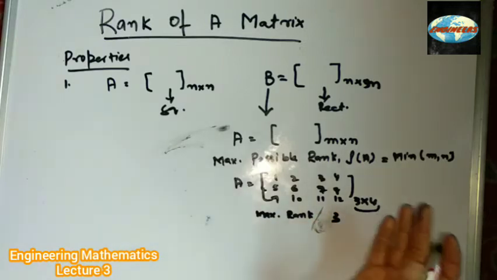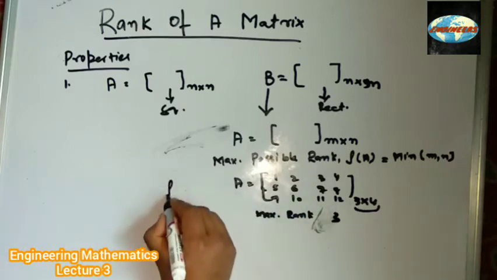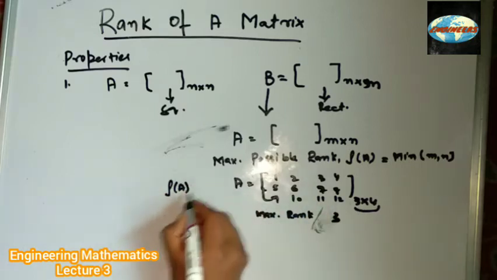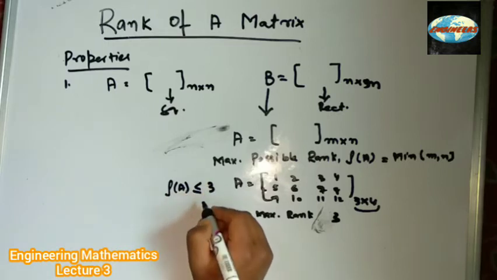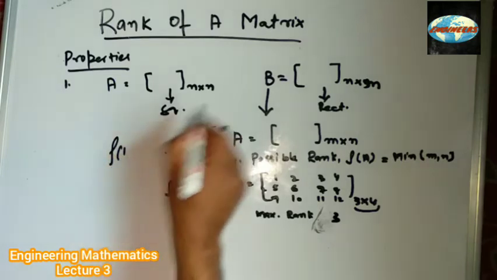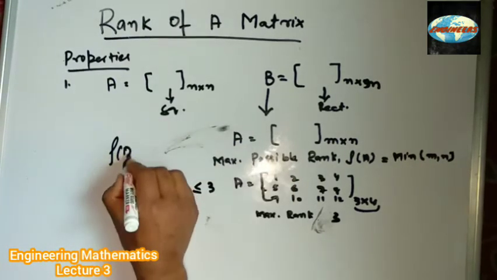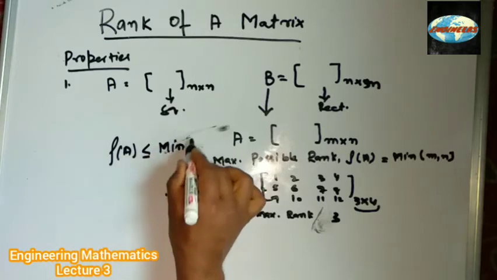Or in other words, the rank of this matrix A will always be less than or equal to 3. In general, the rank of matrix A will always be less than or equal to the minimum of m comma n.